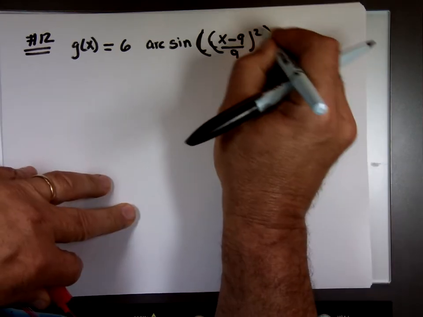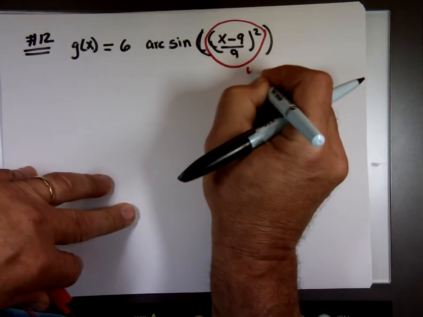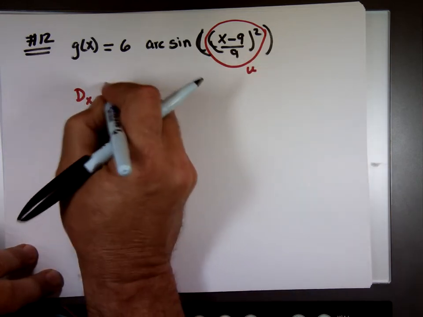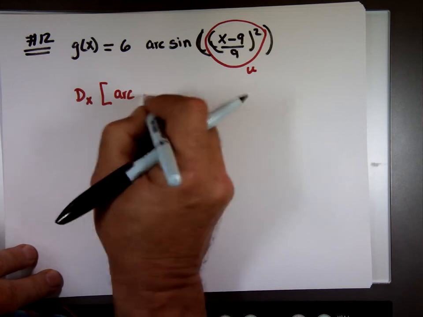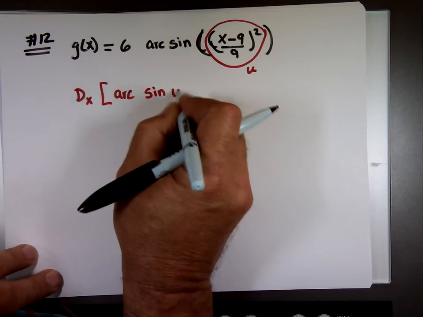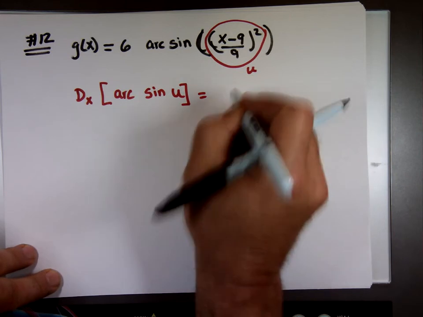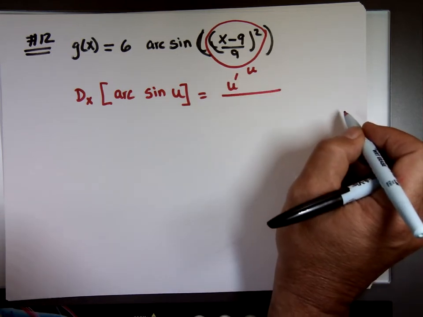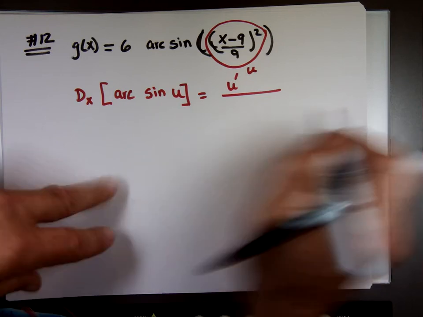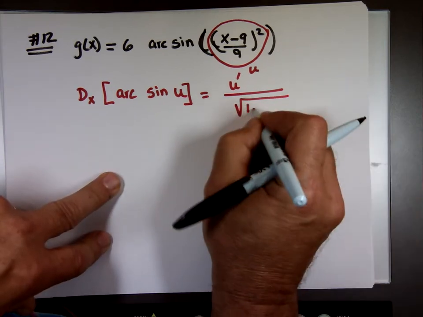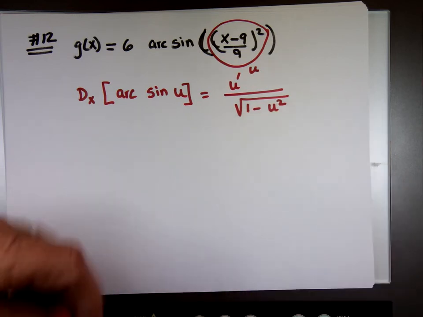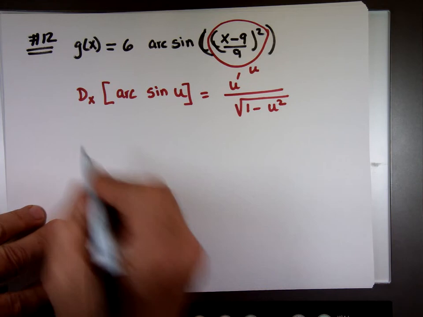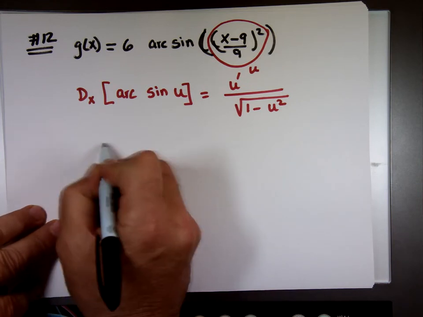Now, if you remember the derivative of arc sine of u, hopefully you memorize them by now because you need to memorize them. U prime over the square root of 1 minus u squared. So the derivative of this, there's a 6 sitting in the front. So there's the 6. What's the derivative of this one?